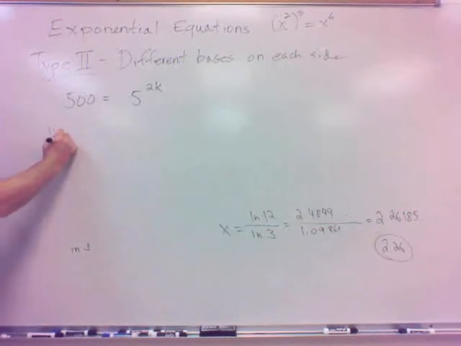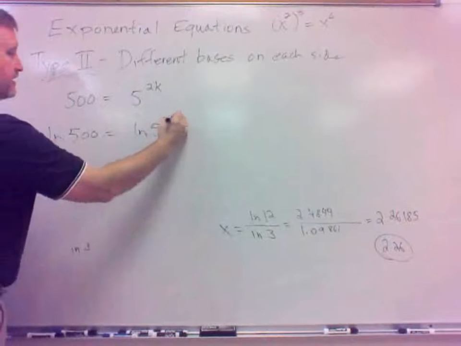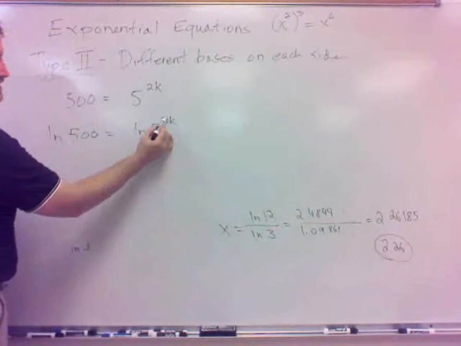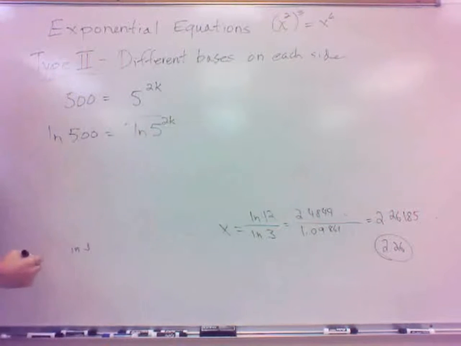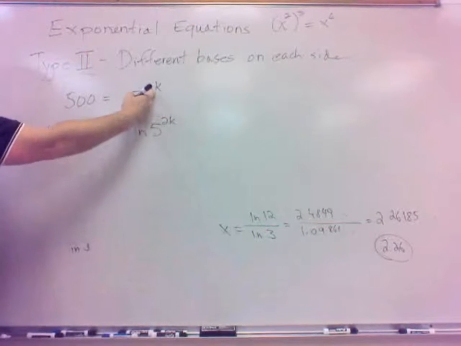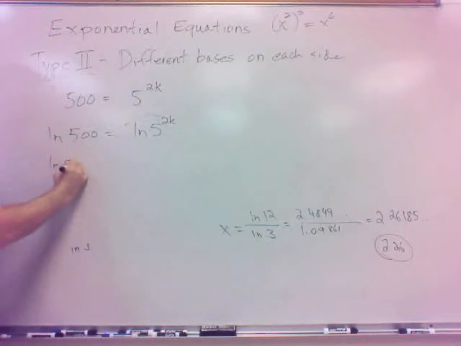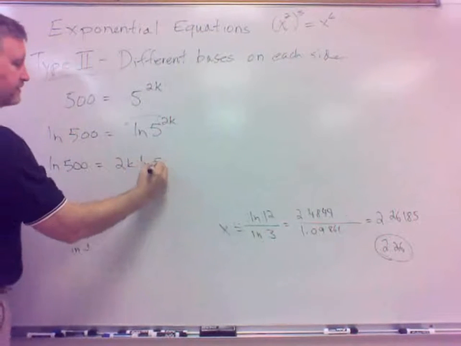So I'm going to take the ln of 500, ln of 5 to the 2k. And I do that because now I'm able to bring down that 2k, because it's a logarithm, and you can do that in logarithms. I can't do that just right here, but if it's in a logarithm, I can. So it's ln of 500 equals 2k ln of 5.